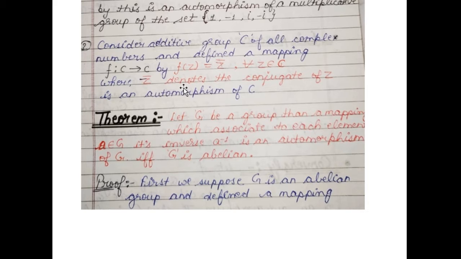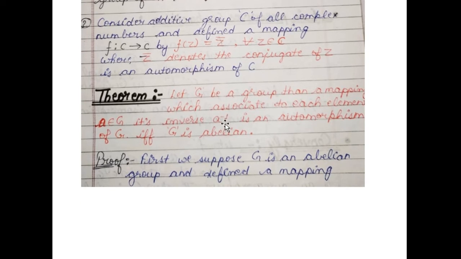You know the complex conjugate: if z is equal to x plus iy, then z bar will be x minus iy. So this type of mapping, where F(z) is z bar, is also an automorphism. We can easily see it. This is the second example of an automorphism.